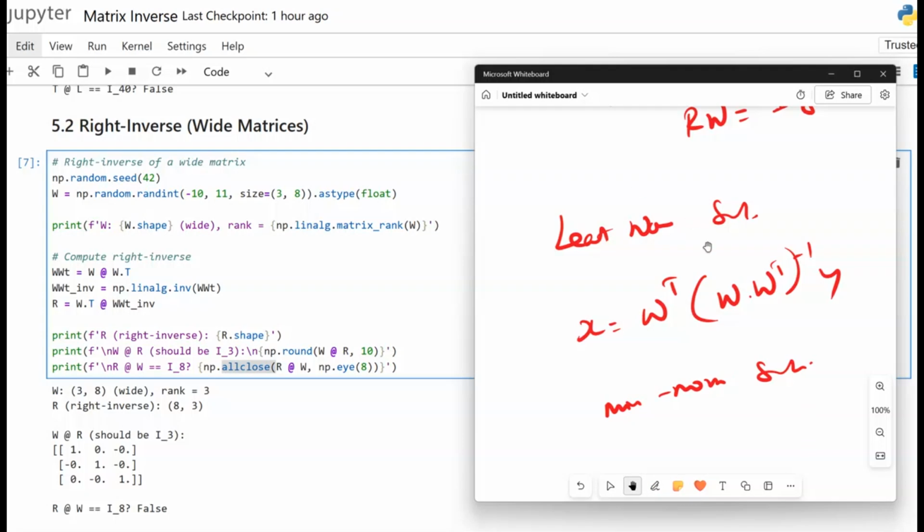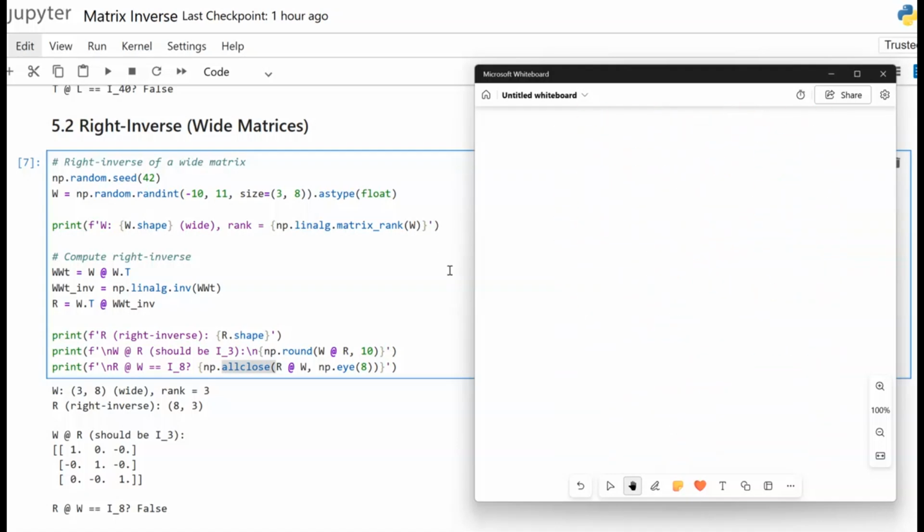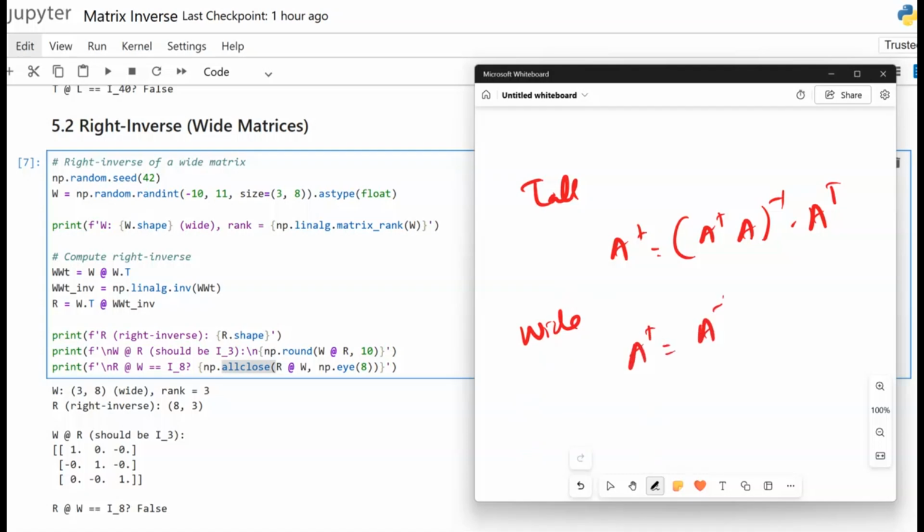One is the tall matrix. Let me give the pseudo inverse of the tall matrix: A plus is equal to A transpose A the whole inverse multiplied by A transpose. And for the wide matrix, A plus is equal to A transpose multiplied by A A transpose whole inverse. So both define the Moore-Penrose pseudo inverse.